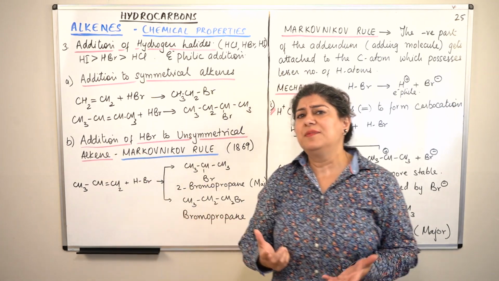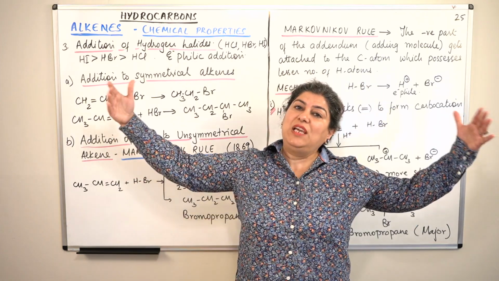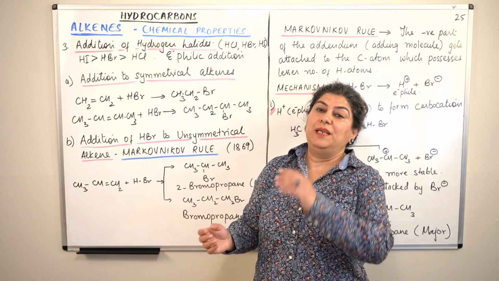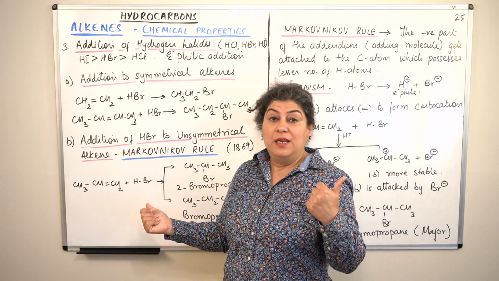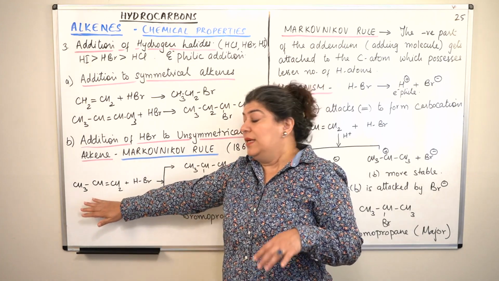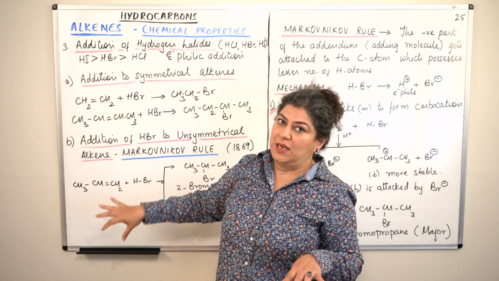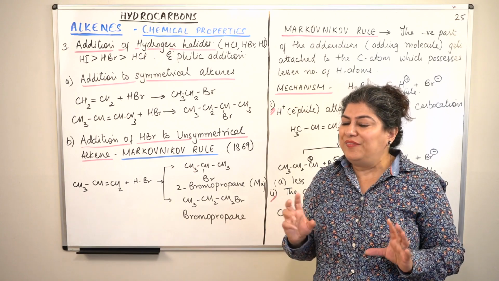So what would an unsymmetrical alkene be? From the name you can understand that if symmetrical means an equal number of carbon atoms on both sides of the double bond, unsymmetrical means an unequal number of carbon atoms on both sides of the double bond. So the addition can take place to symmetrical alkenes or to unsymmetrical alkenes. But we see a little difference in the behavior.